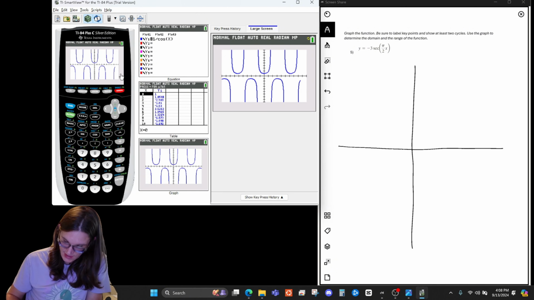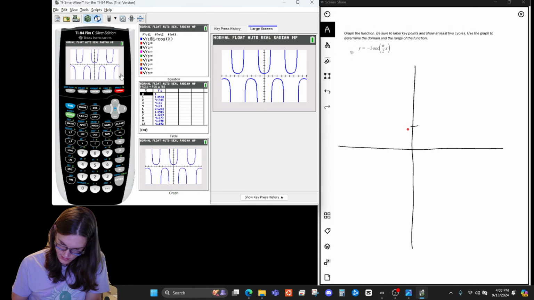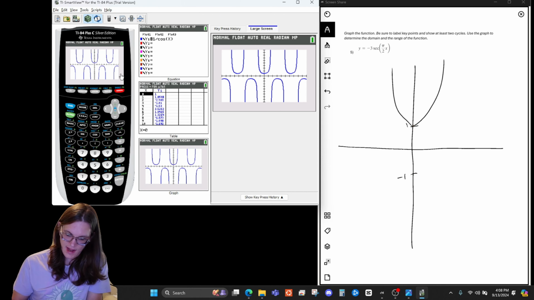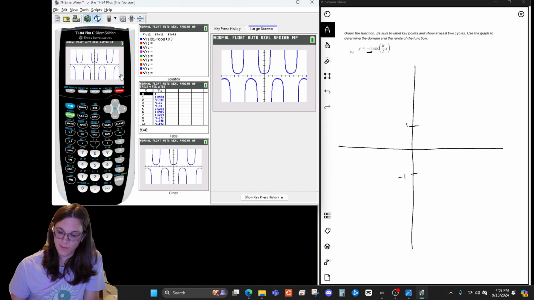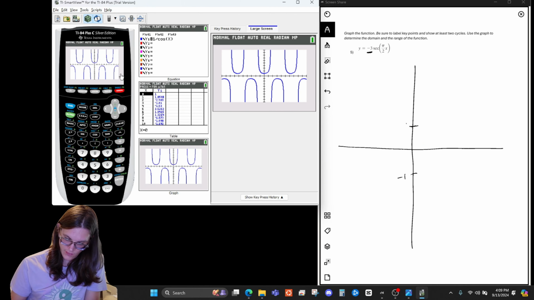So to begin my sketch, I'll say here at 1 and here at minus 1. We would normally, just graphing that, have the symmetry over the y-axis here, where the vertex of that part of the graph is 1, but it appears our amplitude is 3, which means that the y that I get out at each x is going to be multiplied by 3, plus it's negative, so it's going to be flipped and mirrored over the y-axis.